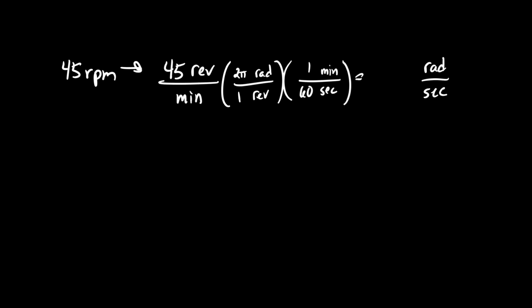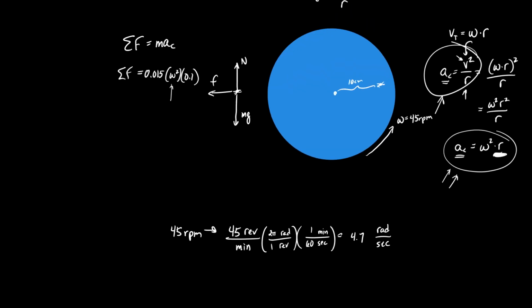Now you just multiply across on the top, multiply across on the bottom, and what you get is your conversion. I get 4.7 radians per second. It's not so hard. We all feel like we can do it now? I hope so.